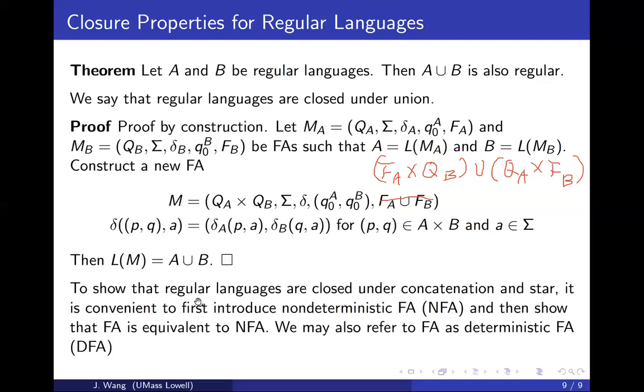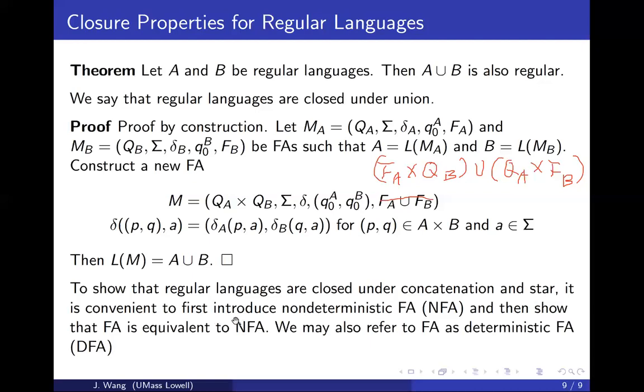We can also show that regular languages are closed under concatenation and Kleene star. However, it's easier to do this proof when we look at non-deterministic finite automata.